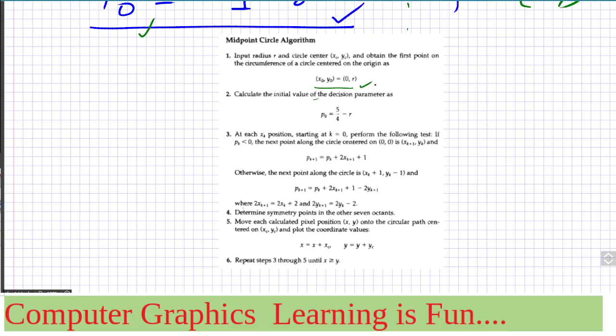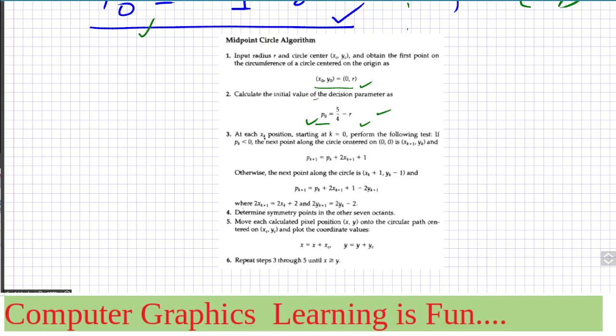Then you will calculate the position 5 by 4 minus r. You can keep it as 1 minus r also, let it be. This is your decision parameter P naught. Now, whether this P naught is less than 0 or not, accordingly you have to take decisions. This is the P naught which will be used later.